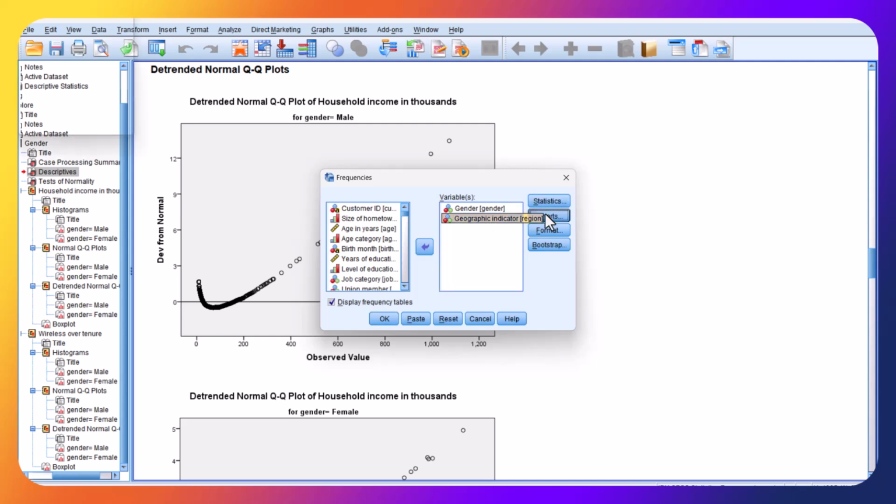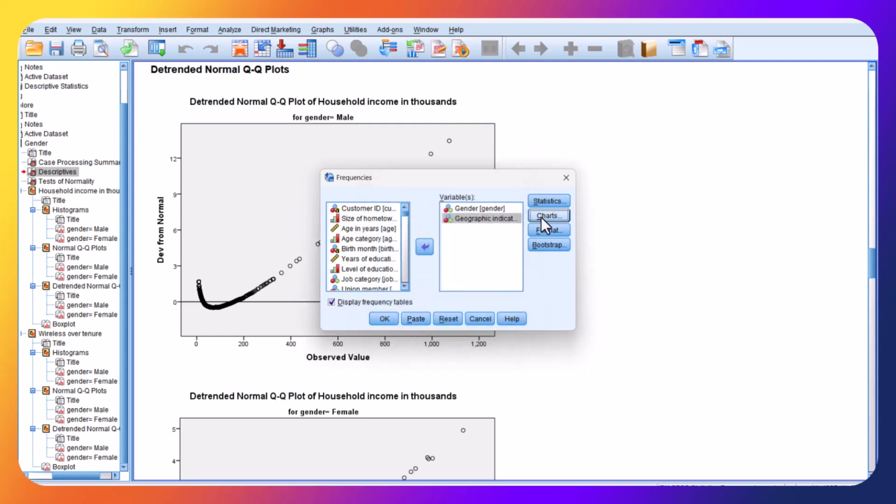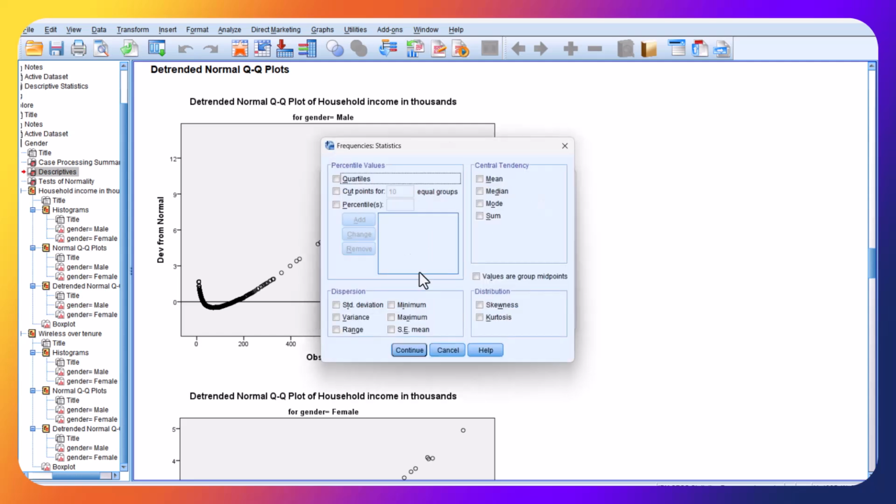So we go to Charts. I want a bar chart getting the frequency. Then go to Statistics. Since it's a qualitative data set, we don't need all these, because you cannot calculate the average of gender, for example. We know that gender is either male or female, so how do you calculate the average value? Instead, we count those genders, which is a different thing entirely.